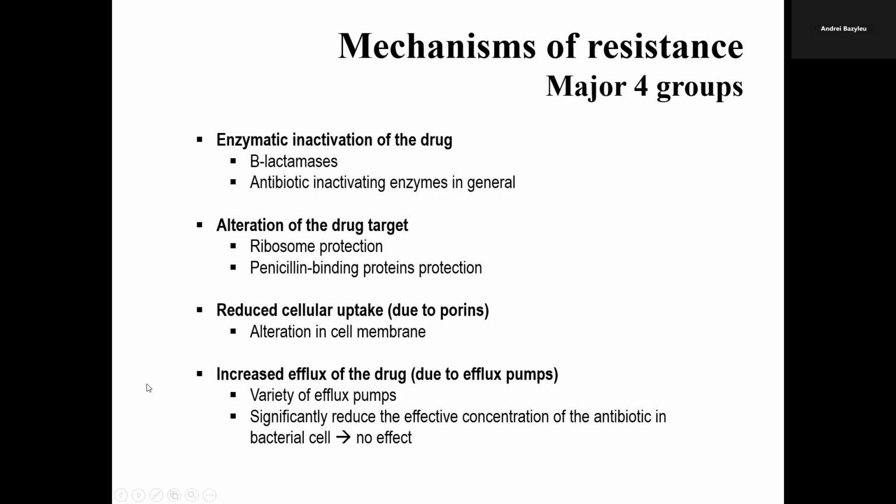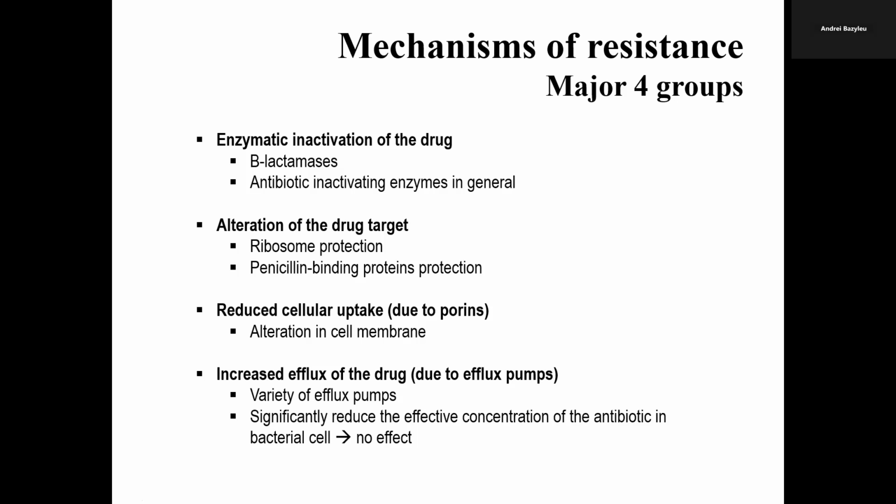So again, as the name suggests, always start from the title, from the name of the term, reduced cellular uptake. So this has something to do with the cells uptaking less. So what do you think is happening in this case?